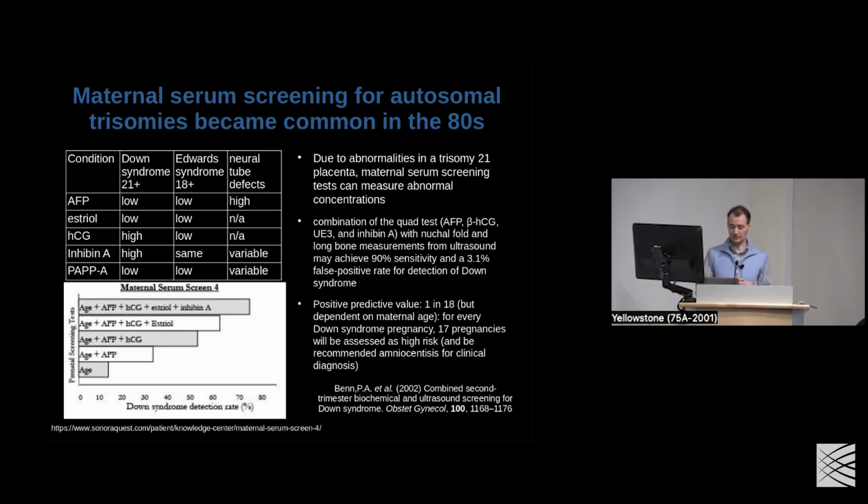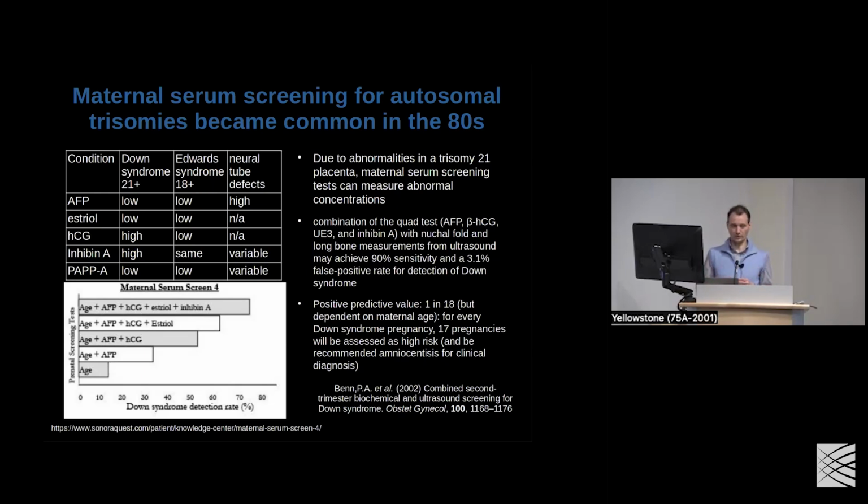There are additional ultrasound measures that get made, and altogether, those standard tests allowed devising a screening test that was not very specific, but still had a 90% sensitivity for Down syndrome. It still had a 3% false positive rate, which doesn't sound like much, but it means that 1 in 30 pregnancies back then would get a high risk result, saying you might have something.